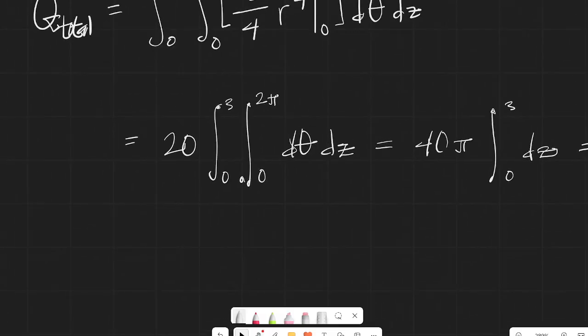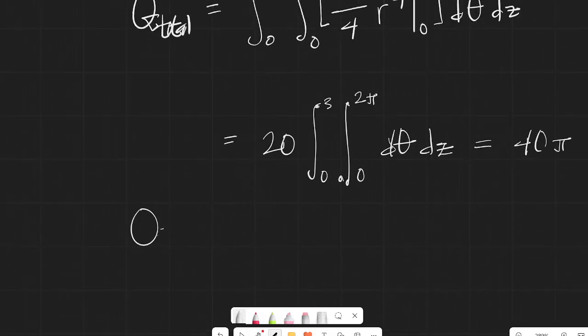So really we can say that our Q total is equal to 377 millicoulombs of total charge within that cylinder.